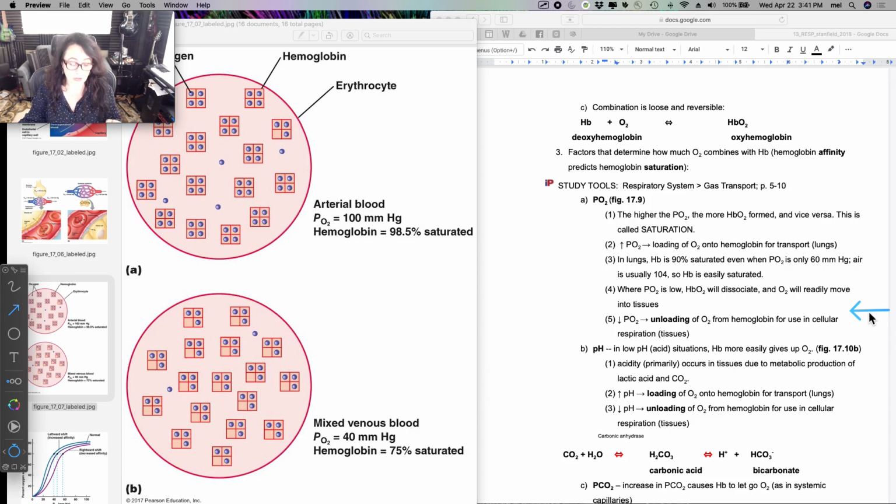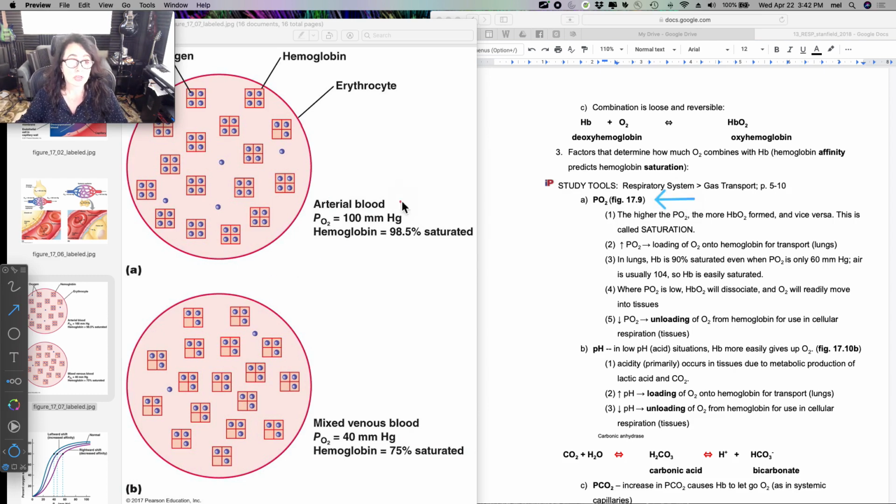So the first factor is kind of simple, and it should be relatively logical to us. One of the things that determines how much oxygen loads onto hemoglobin is how much oxygen there is. Okay, so the PO2. What is true is if PO2 is higher, it is more likely to load onto hemoglobin. If PO2 is lower, it's less likely to load.